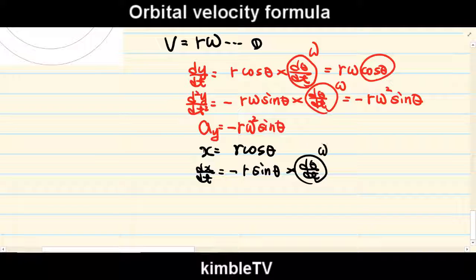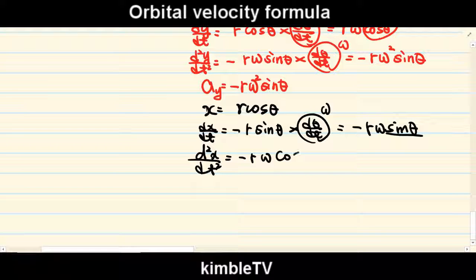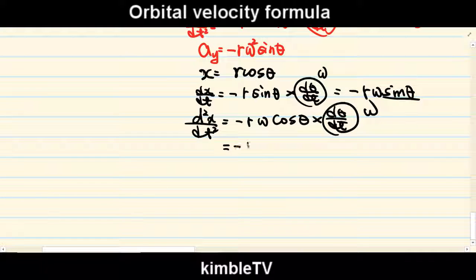This is omega, therefore minus r omega sine theta. The second derivative, horizontal acceleration, d2x on dt2 equals minus r omega cos theta times d theta on dt. This is omega. Therefore, minus r omega squared cos theta.